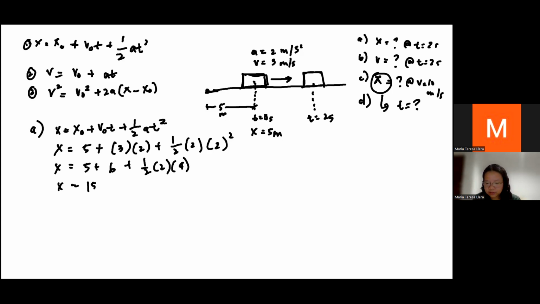Don't forget the units. Never forget the units. Since it's distance, it should be in meters. So this is our answer to our first question. It's pretty straightforward, and pretty easy, as long as you know which equation you can use.